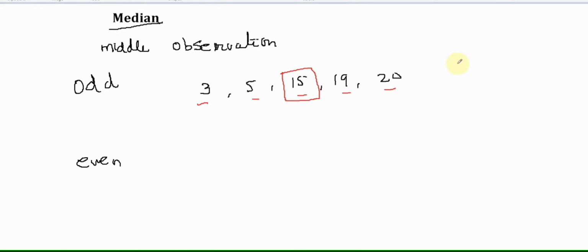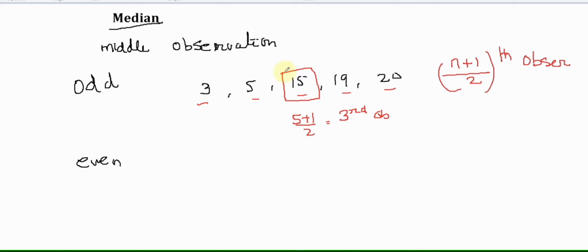The formula for an odd number of data is (n plus 1) by 2th observation. Here I have 5 data, so 5 plus 1 by 2 means the third observation is my answer, and the third observation is 15, so 15 is the middle data.